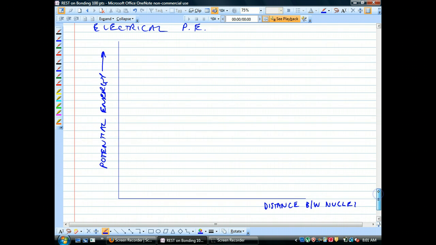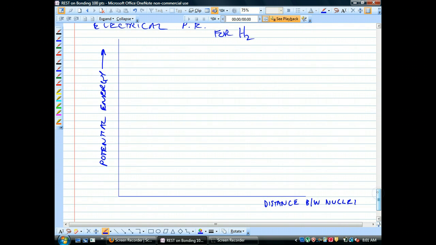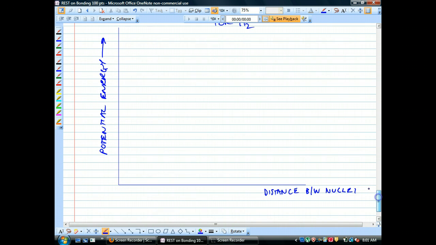What we're going to do is make this graph for H2. So we're going to make an H2 molecule here. What we have are two hydrogen atoms. Over down at this end to the right, we have two separate hydrogen atoms.